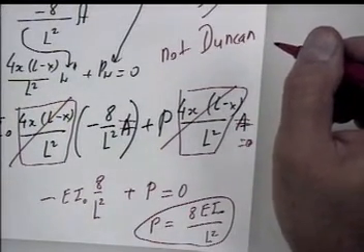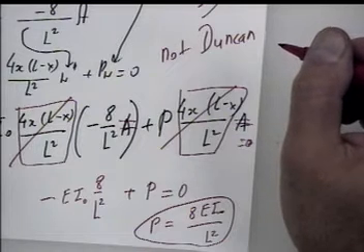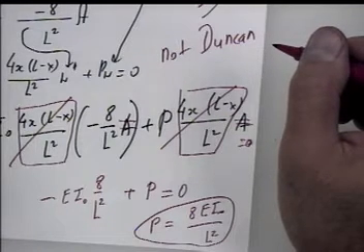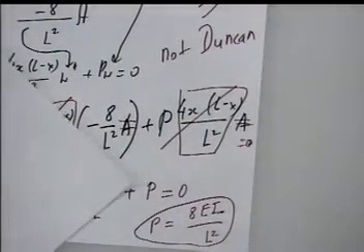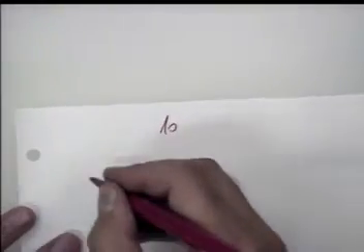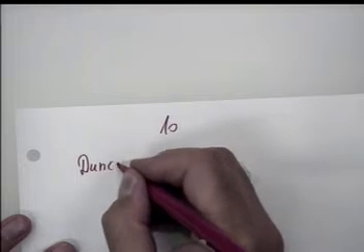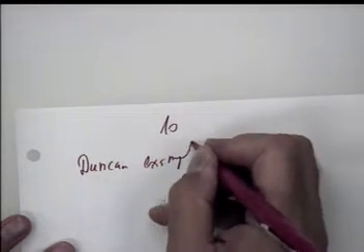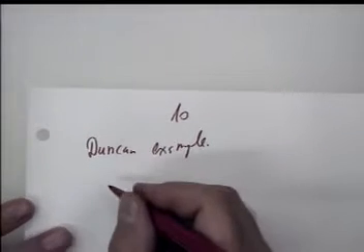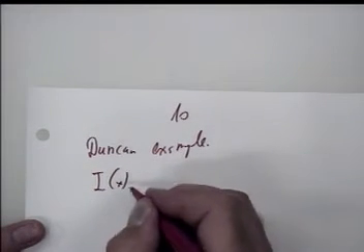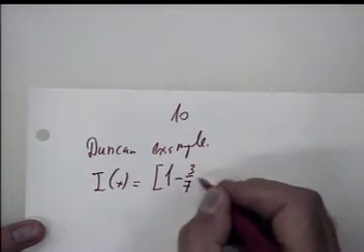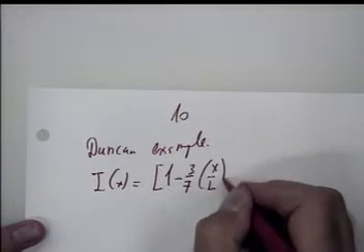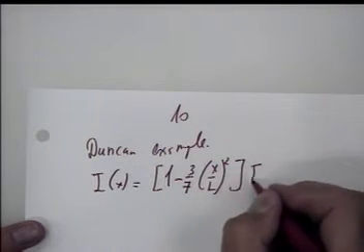Duncan has another example, which is equally striking. Duncan example. He has as follows. I of x equals 1 minus 3/7 x over L square I0.